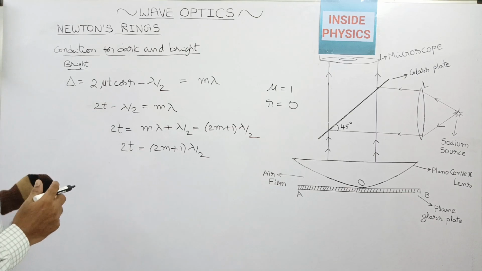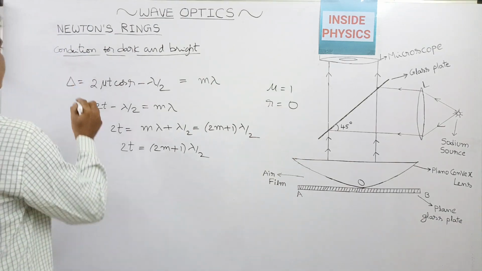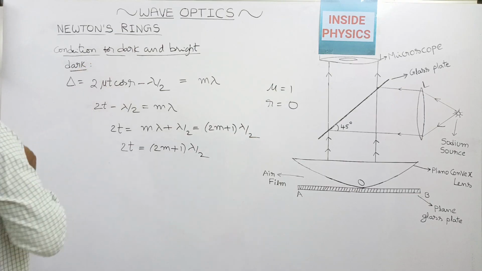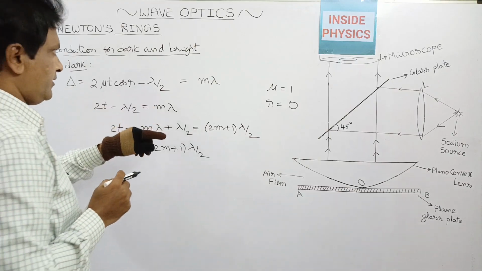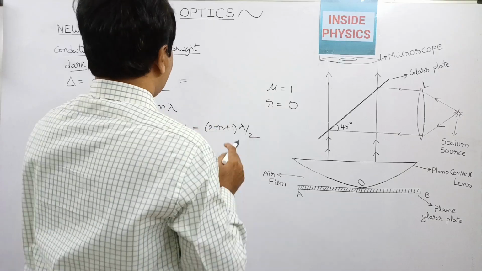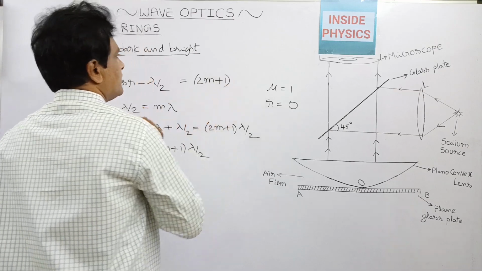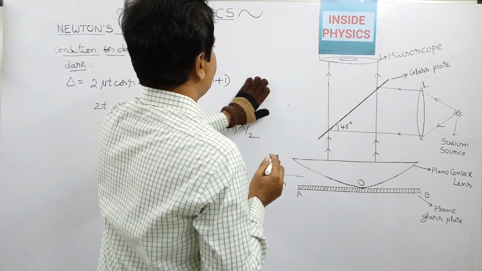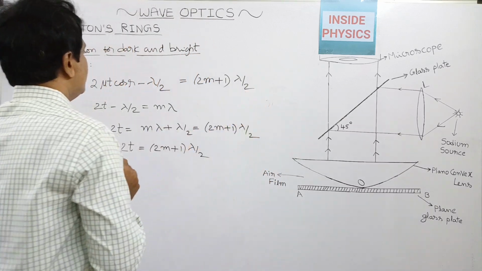In the same way, we can get the condition for dark fringe. What is the condition for dark fringe? The optical path difference will be the same. The condition for dark fringe is that the optical path difference must be equal to odd integral multiples of half wavelength.